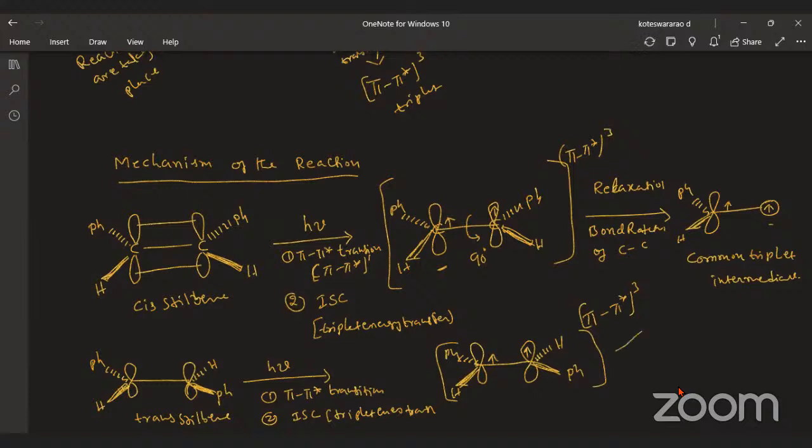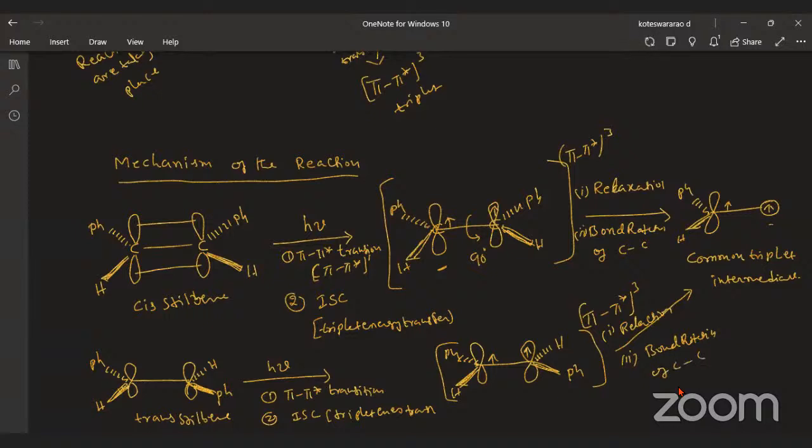For generating the next intermediate, it needs to undergo relaxation. Relaxation means higher energy state to lower energy state, and it is undergoing bond rotation. The second step is bond rotation to dissipate the triplet state energy, to get stabilization.